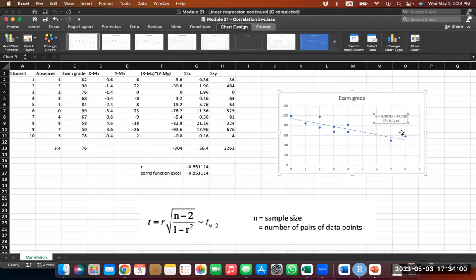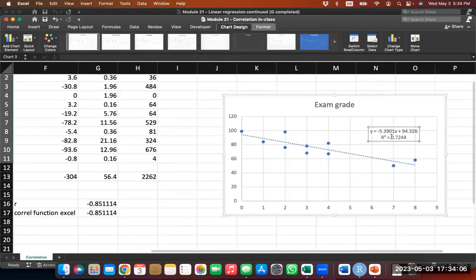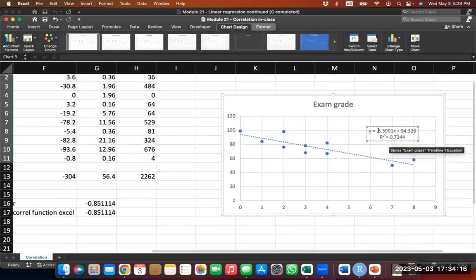That's actually a pretty tight correlation of 0.72, with a decrease of 5.4% on the quiz with each absence. So remember how to interpret regression equations: the slope gives the change in the dependent variable with each increment of the independent variable, which here is the absences.